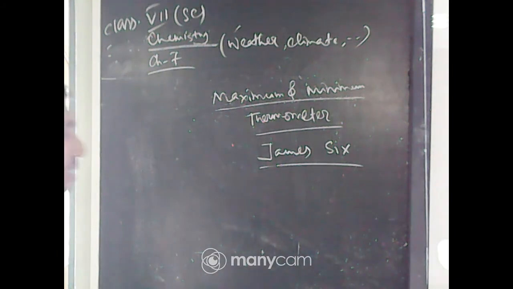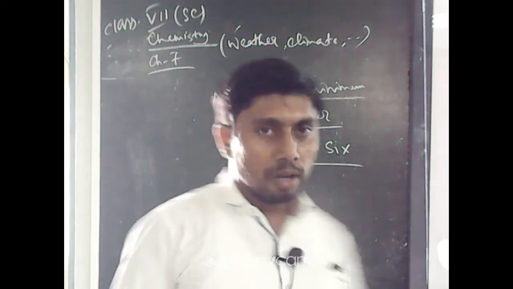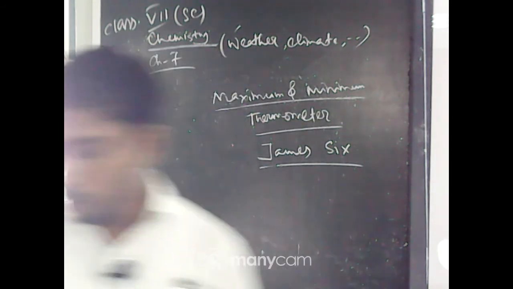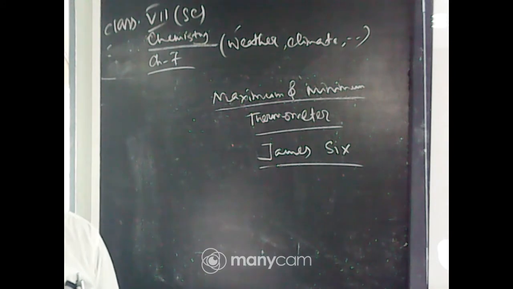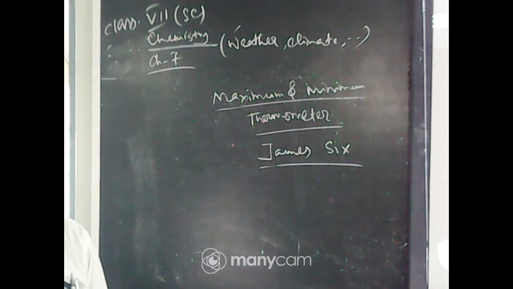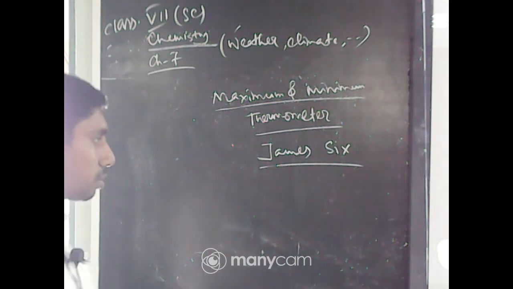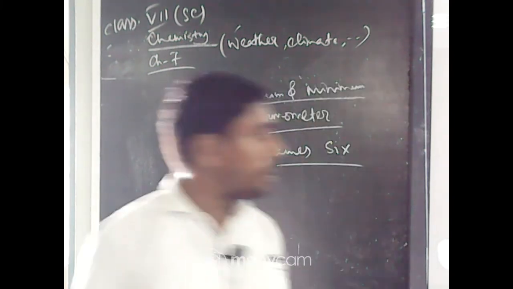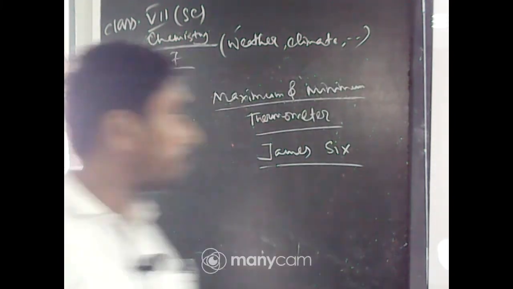Do you know what is the maximum and minimum? What is the lower limit and upper limit of that thermometer? Do you know, Tawfiq? What is the maximum and minimum of that thermometer?